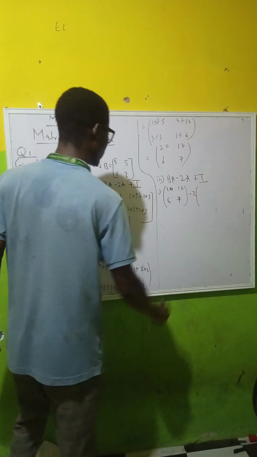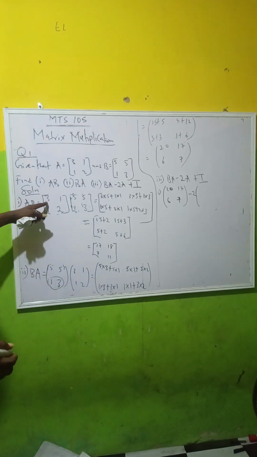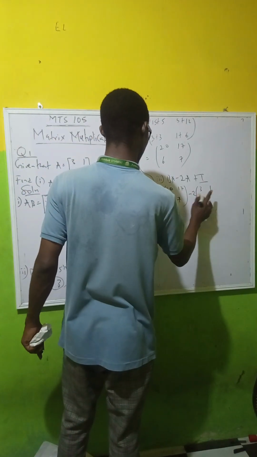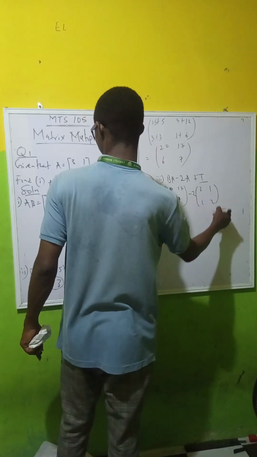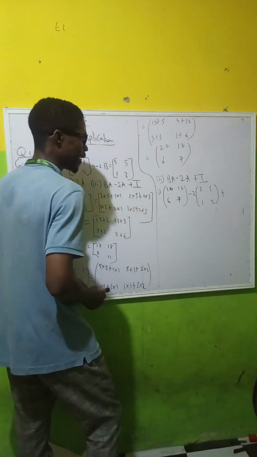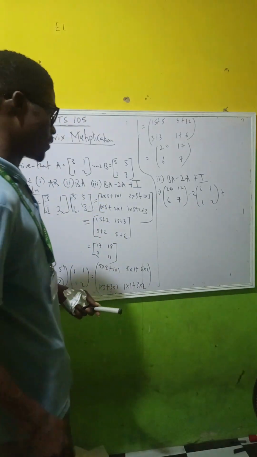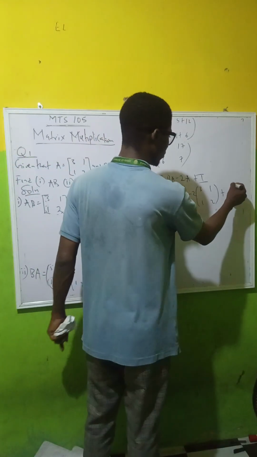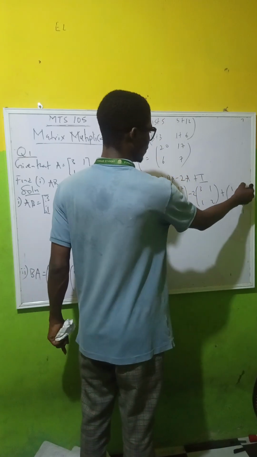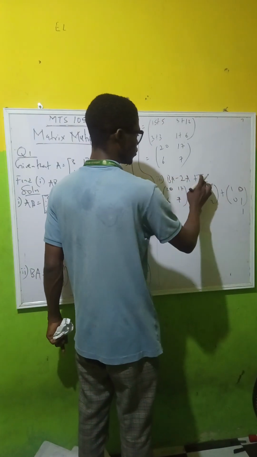Then 2 into, what's the value of A? 3, 1, 12. Right? Plus I. This is I. I means identity. So our identity for matrix is always 1, 0, 0, 1. This is identity expression.